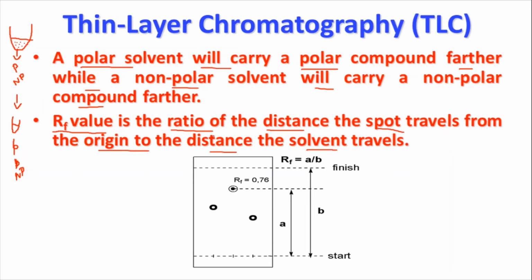We can easily calculate it. Here the image shows it simply. This is the TLC plate, coated with silica gel or aluminum or whatever it is. You draw a line from the bottom side.